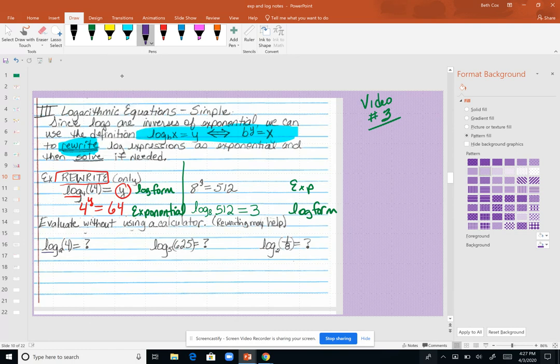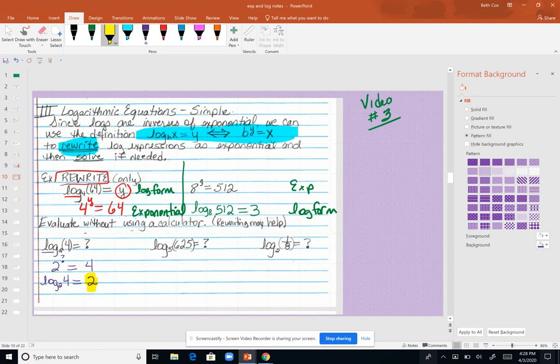All right, so this first one says what exponent turns 2 into 4? So it's asking the question, what exponent on 2 is going to give me 4? And we can look that up, and we know that that exponent would be 2. So log base 2 of 4 is actually 2. And that would be the answer. Same with this next one.